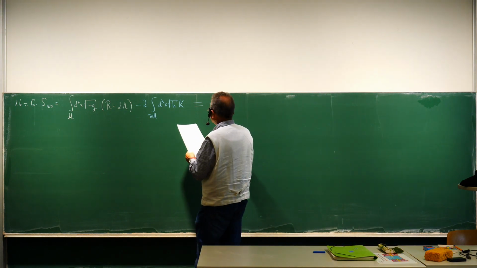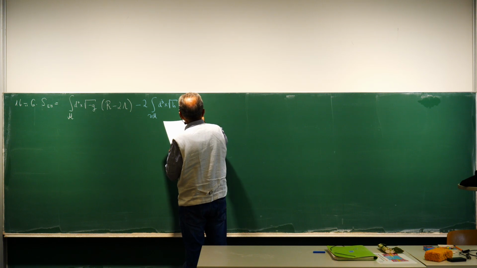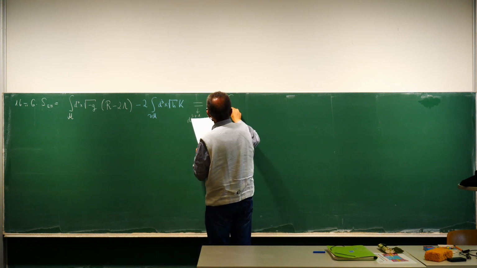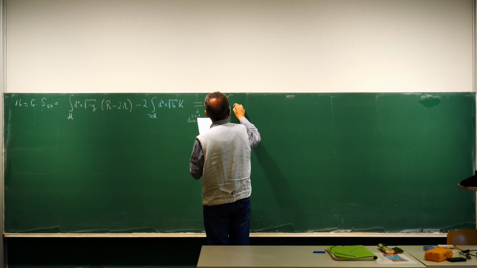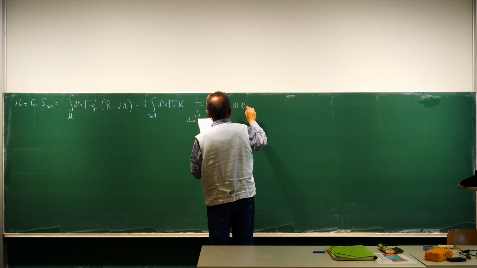Anyway, with the 3+1 decomposition, this can be written as the integral over M, then instead of d4x, I write dt d3x.